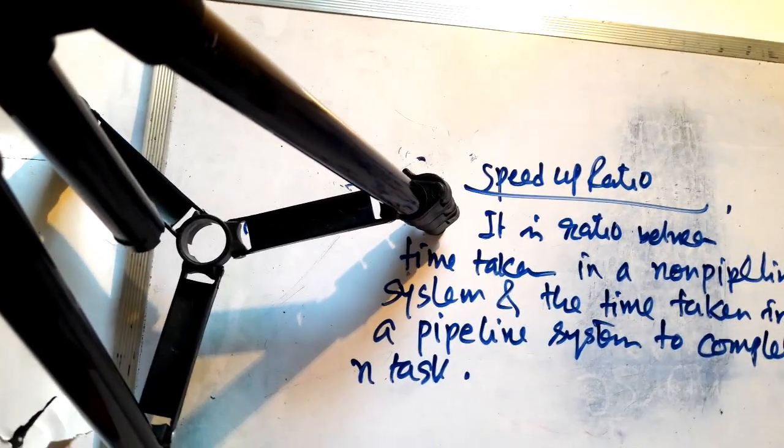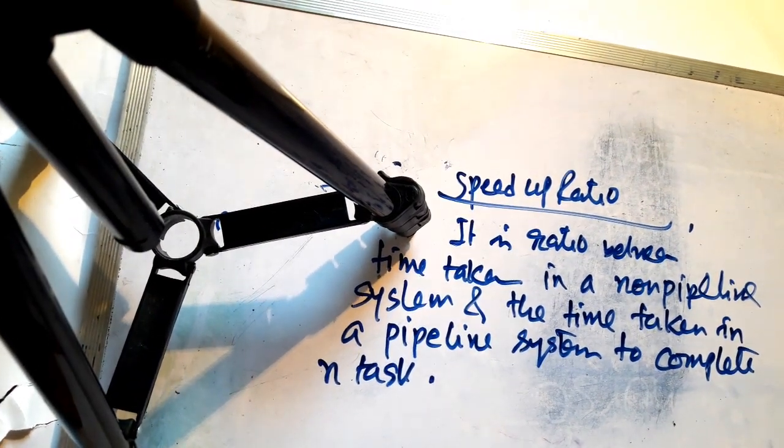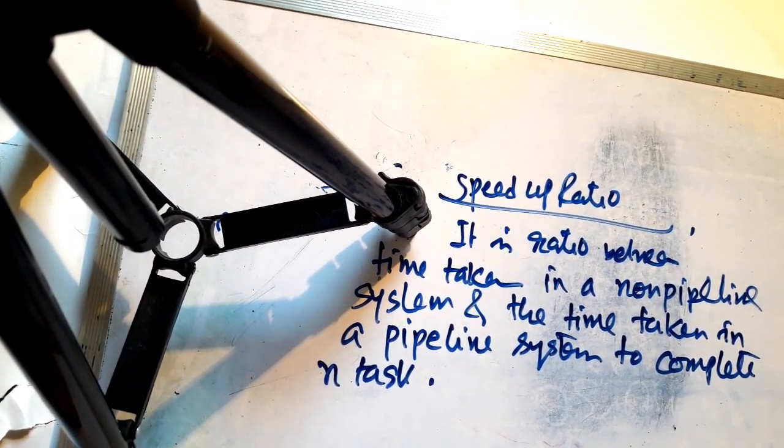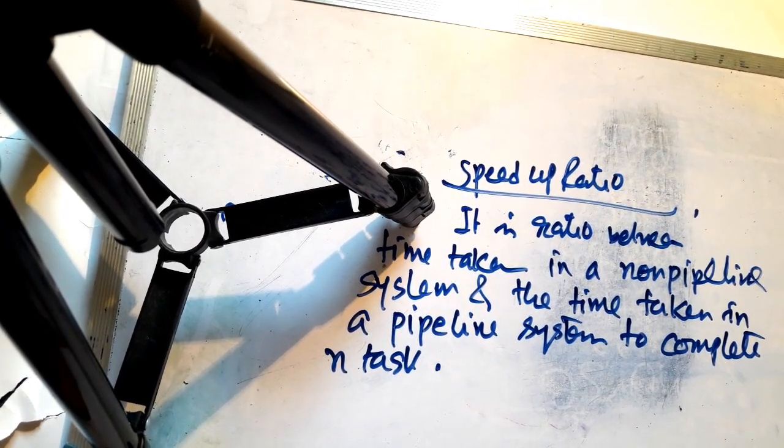So this is the ratio. It has no unit. It is the ratio between the time taken to complete n tasks in a non-pipeline system divided by the time taken to complete n tasks in a pipeline system.